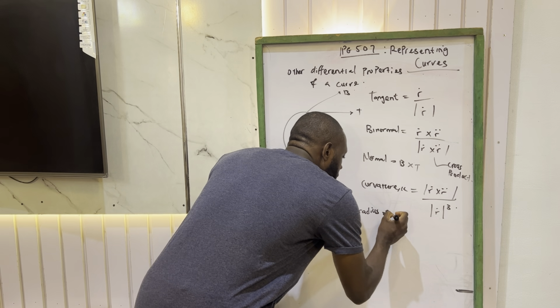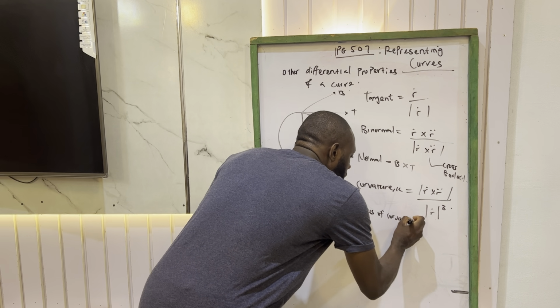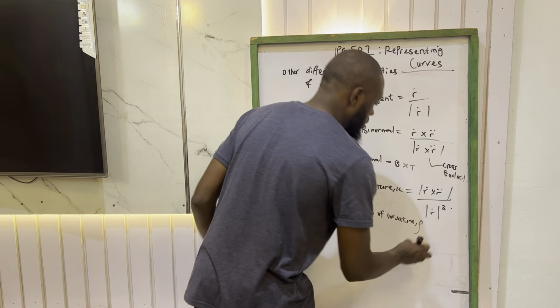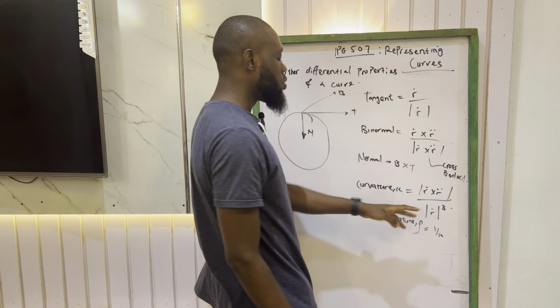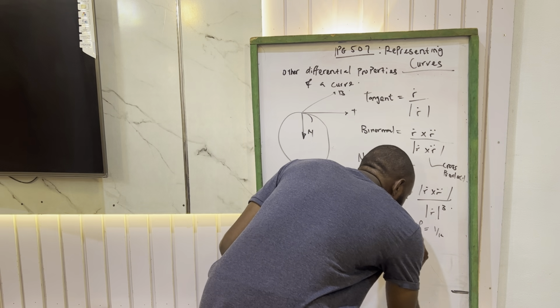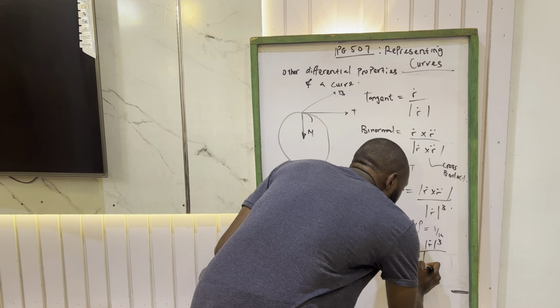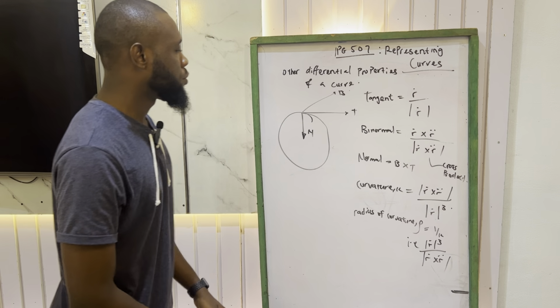The symbol is like rho. So it's basically 1 over k. So you invert this. So that's how you get your radius of curvature.